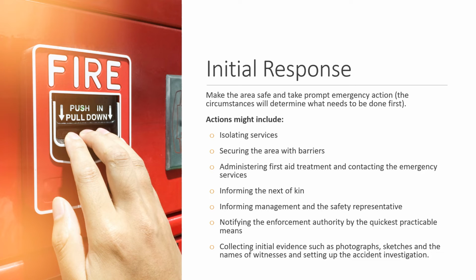These actions might include things like isolating services, securing the area with barriers, administering first aid treatment, and contacting the emergency services, informing the next of kin, informing management and the safety representative, notifying the enforcement authority by the quickest practical means, as well as collecting initial evidence such as photographs, sketches, and the names of witnesses, and setting up the accident investigation.